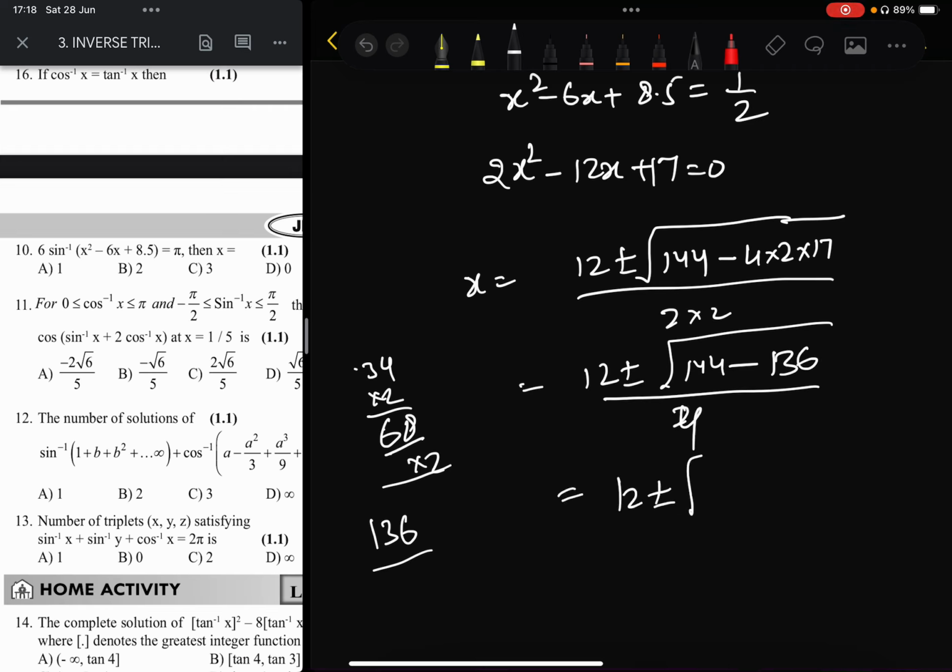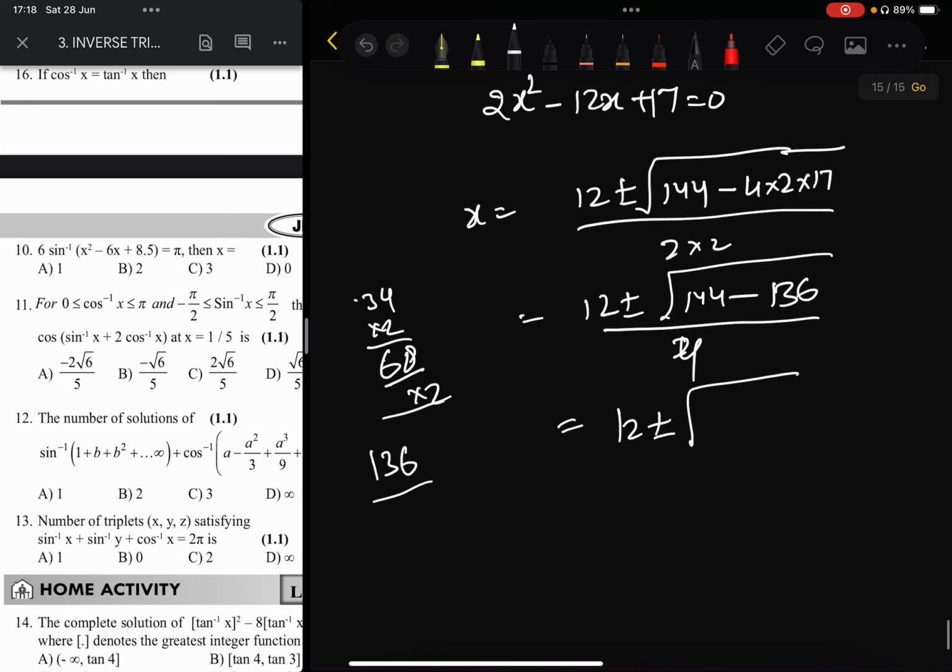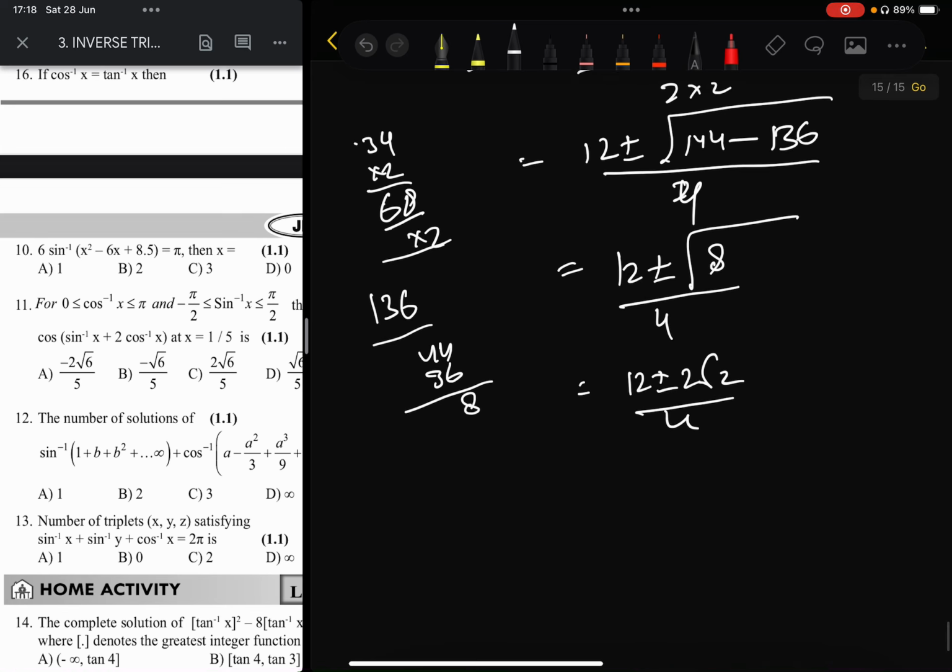So 12 plus minus the square root of 144 minus 136, that is 8, right? So here root of 8 divided by 4. So this is 12 plus minus 2 root 2 divided by 4, right?